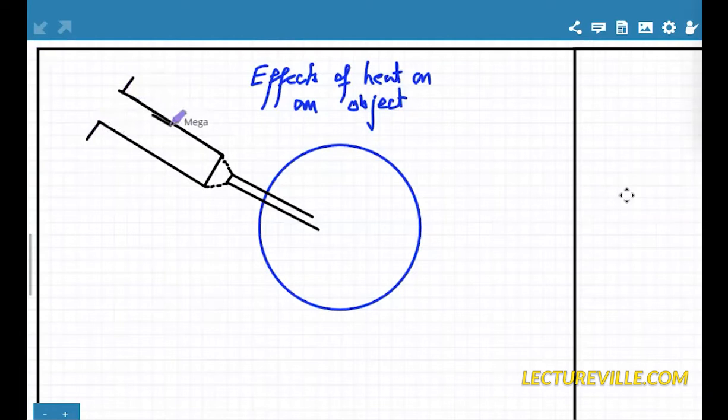Now, this is the plunger, and this is just a model for understanding.